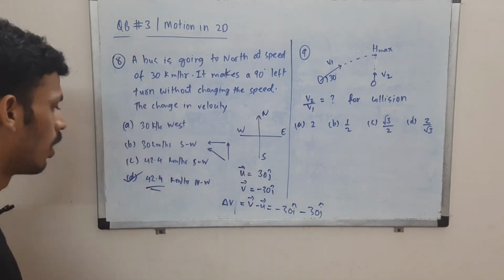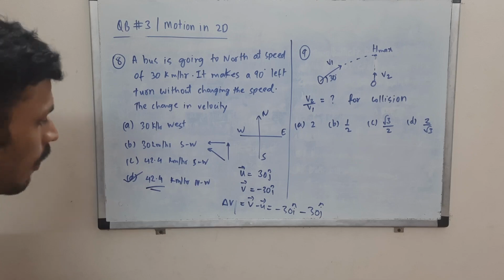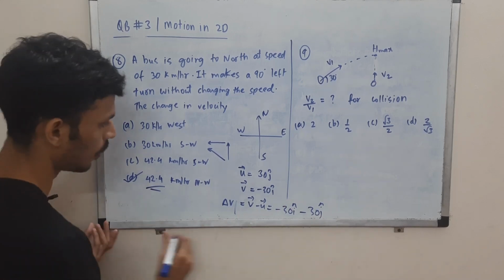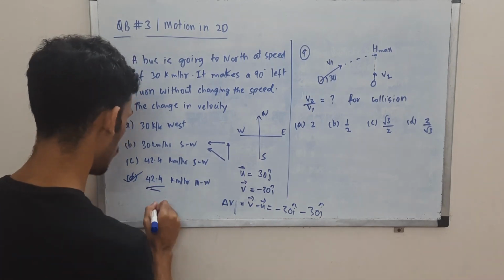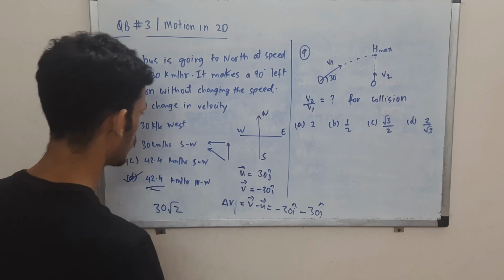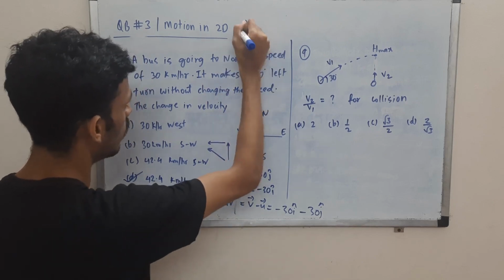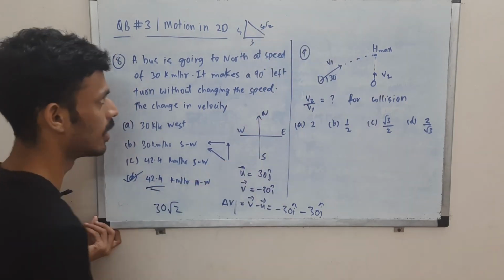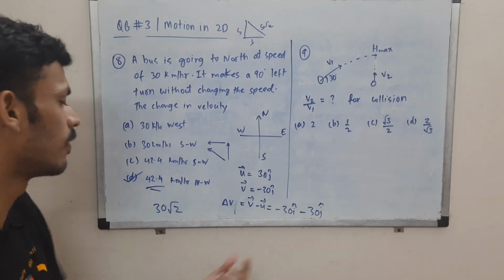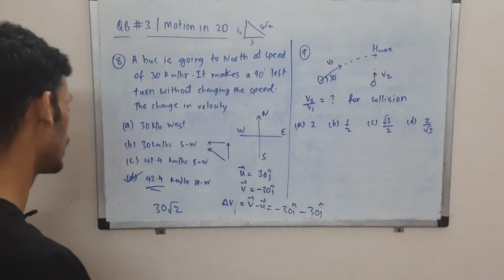Now we can find the magnitude. Magnitude will be 30 root 2, right? 30 square plus 30 square, so that is 30 root 2. Basically for a square with side s, the diagonal is s root 2. For a square, diagonal is root 2 times the side, so 30, 30 will give you 30 times root 2, or you can use Pythagoras.